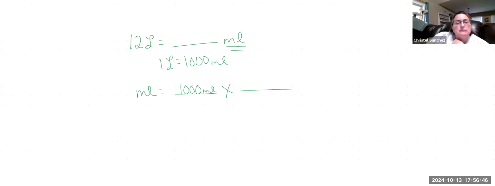This 1,000 milliliters is married to this 1 liter, so they have to stay together on the same side. Now I still have to get rid of this liter. I have 12 liters in my problem, and since I need this liter to cancel out, they're going to be diagonal of each other. Then I'm just going to put a placeholder.